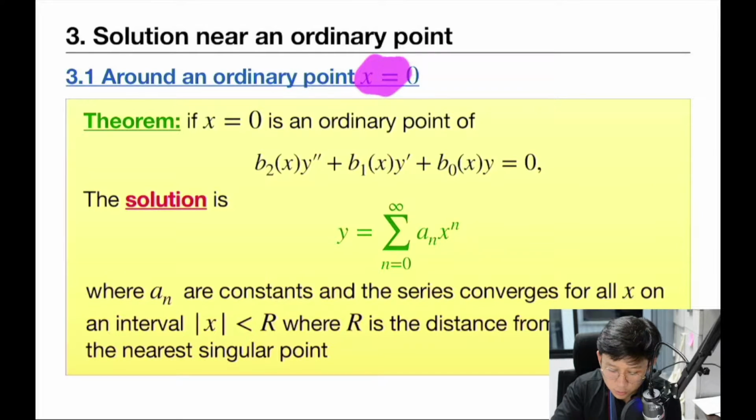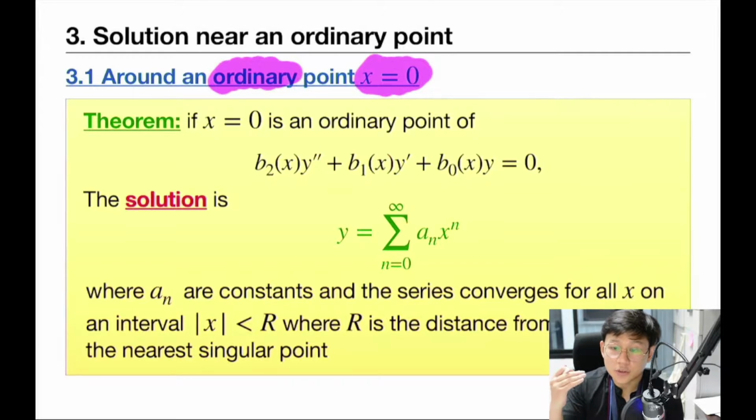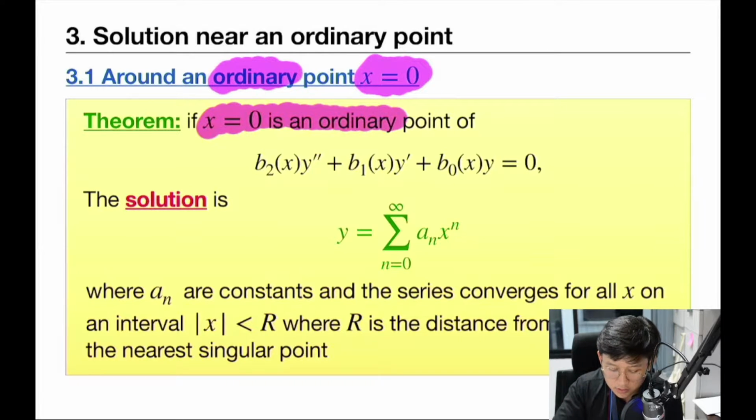The theorem says that if x equals 0 is an ordinary point, and this is important, it's very specific: first it needs to be an ordinary point, and second it is x equals 0.